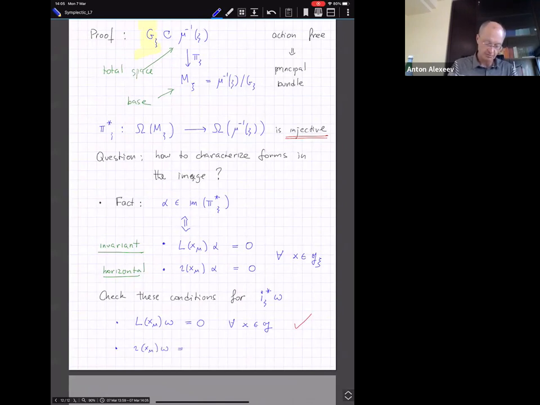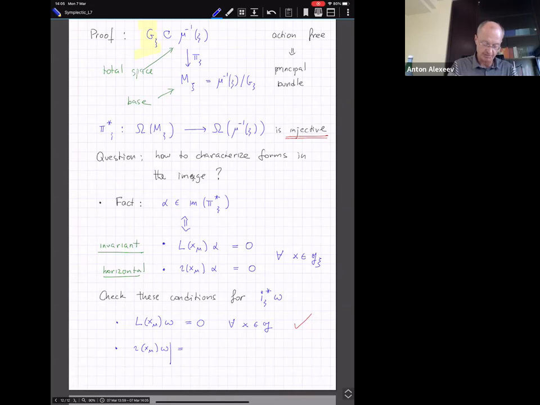Let me write it more properly. I take x in G psi, and I'm taking the contraction of iota star psi omega with x_M.